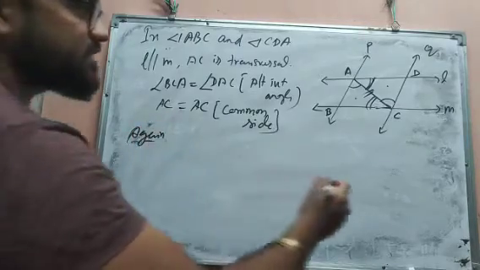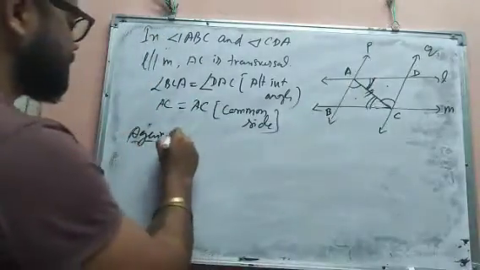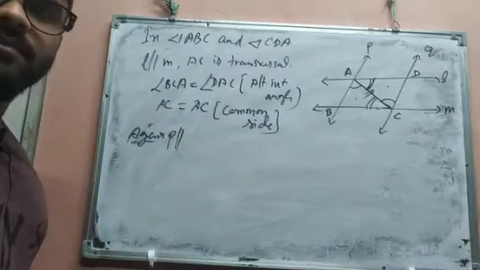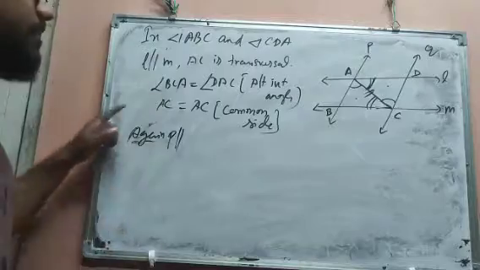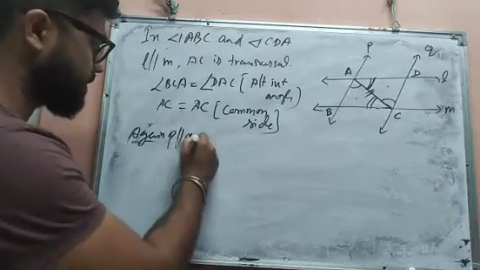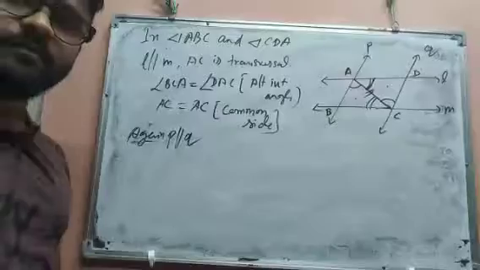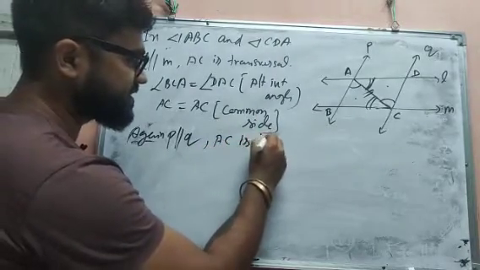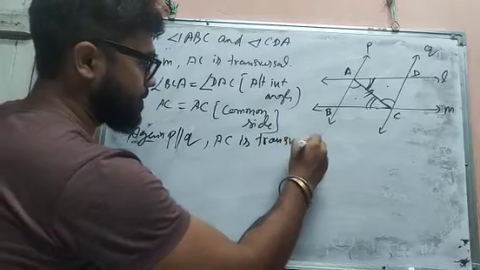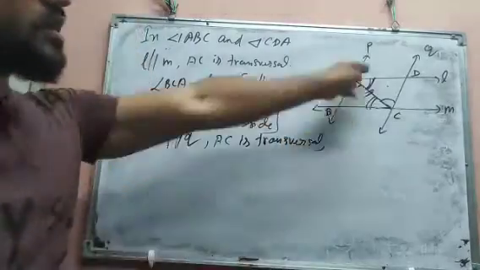now we have to consider this line P parallel to Q. P is parallel to Q, and also AC is the transversal.